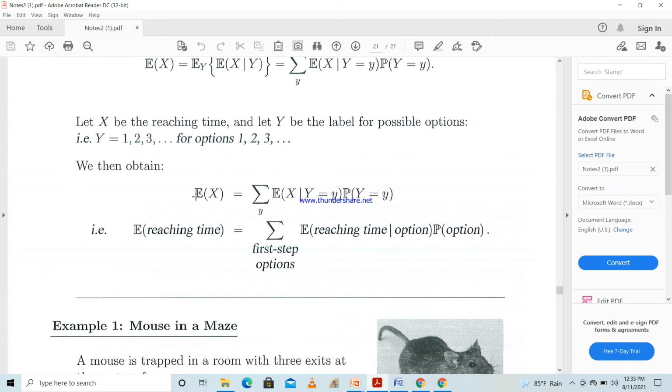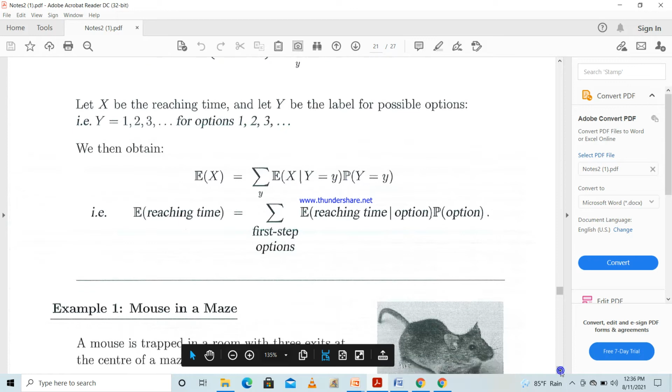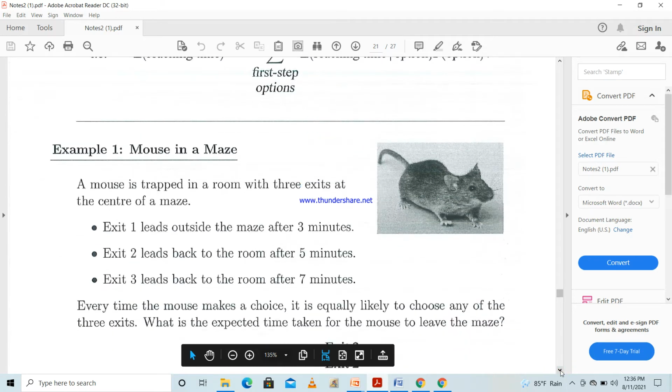We are interested in the expected value of X, that is, the expected reaching time. That is equal to the summation of the expected value of X given the option, multiplied by the probability of that particular option. Let's apply this to a single example and see.